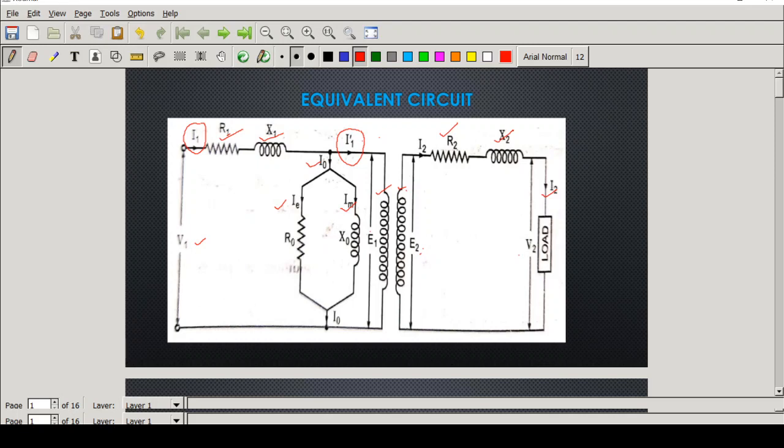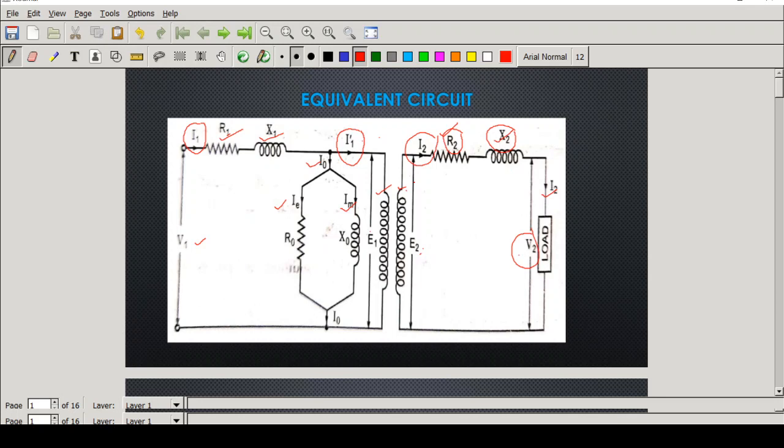Now we can simplify this equivalent circuit further. Whatever parameters are in the secondary, like R2, X2, V2 and I2, these are the quantities on the secondary side. Using the transformation ratio K, you can transfer these from secondary to primary.